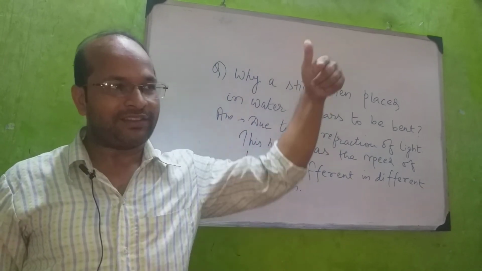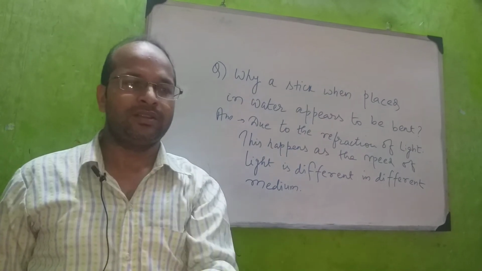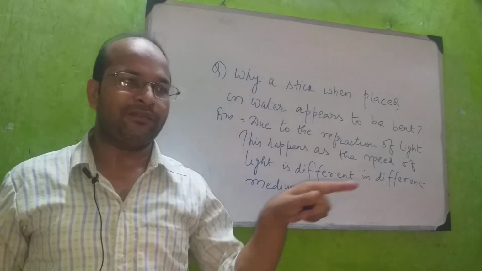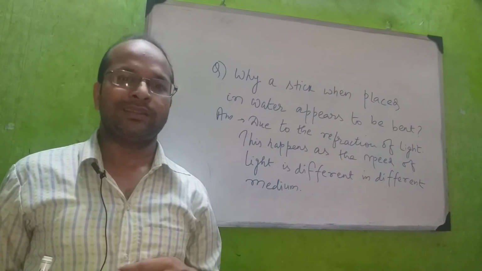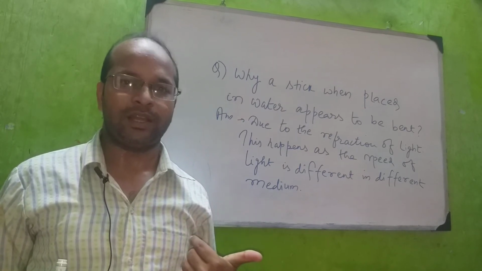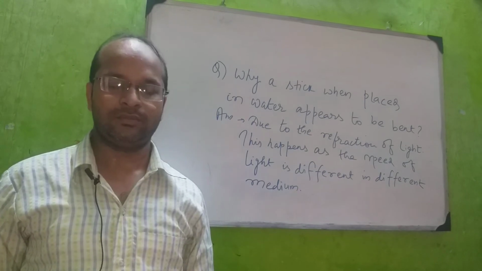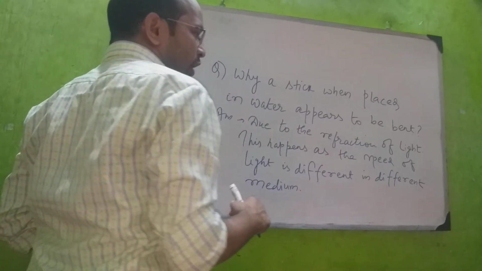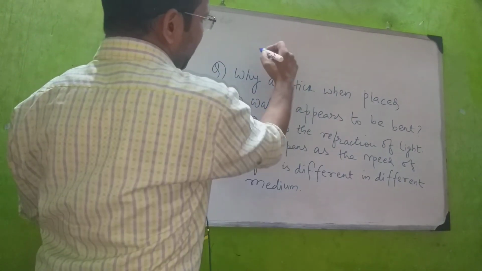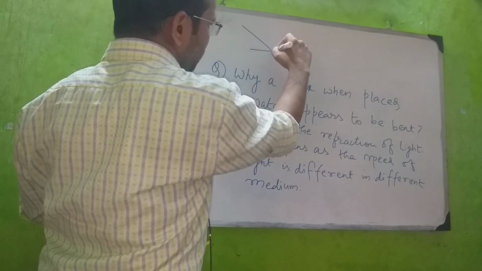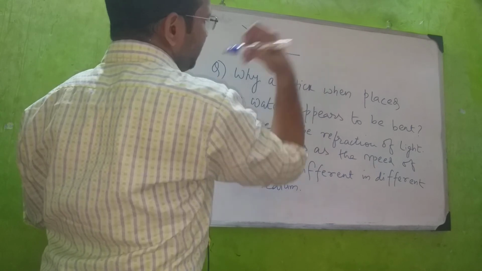When light travels in air, it travels very fast, and when it goes inside water, the density of water is more than that of air, so the speed decreases and the ray changes its direction. This phenomenon of light changing its path when it moves from one medium to another is called refraction of light.